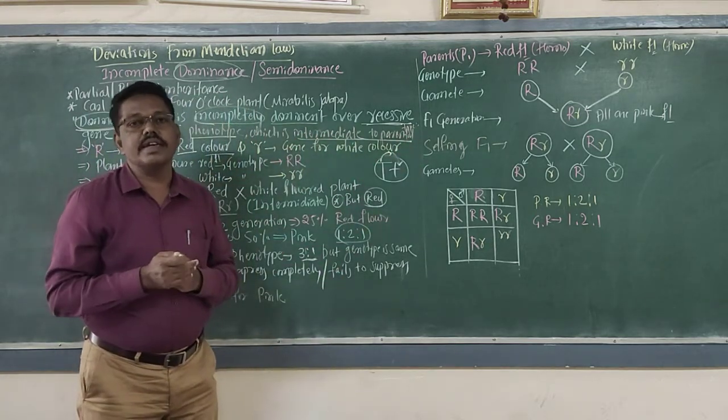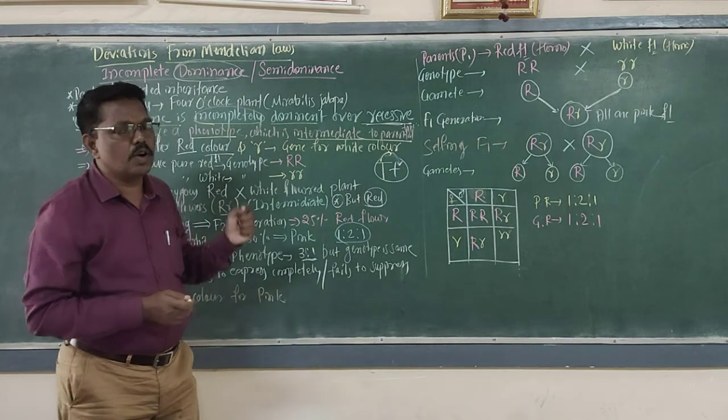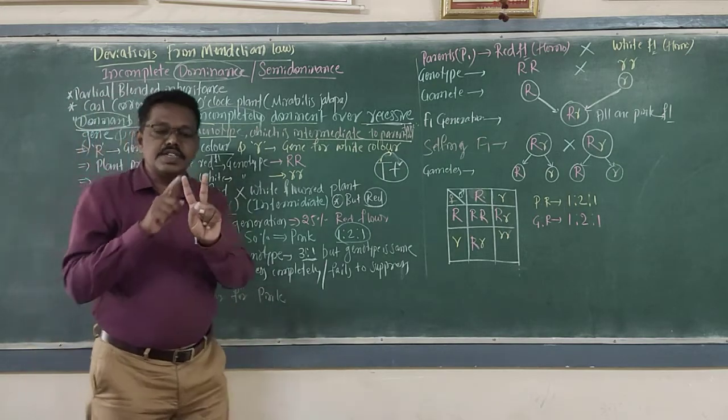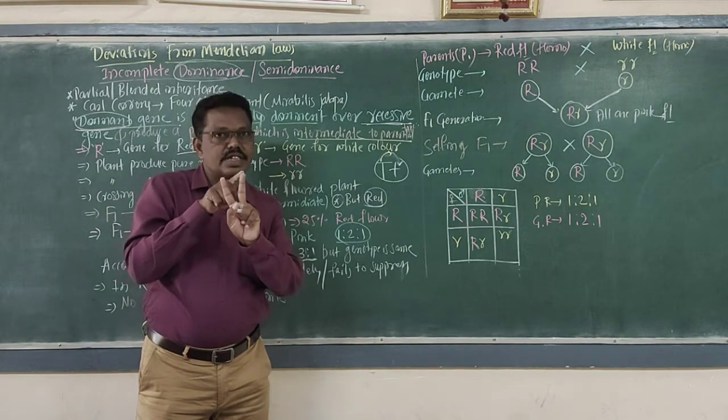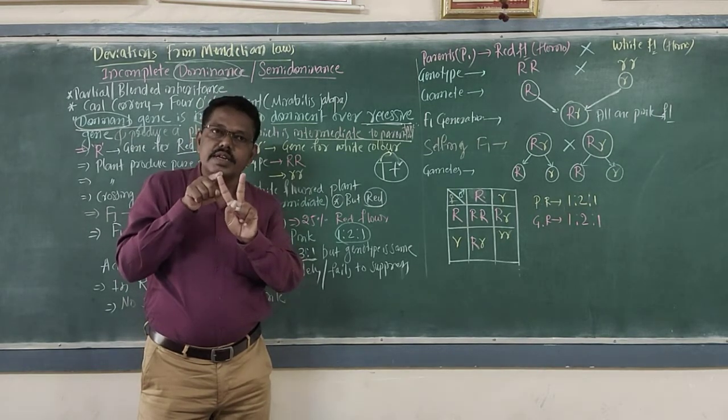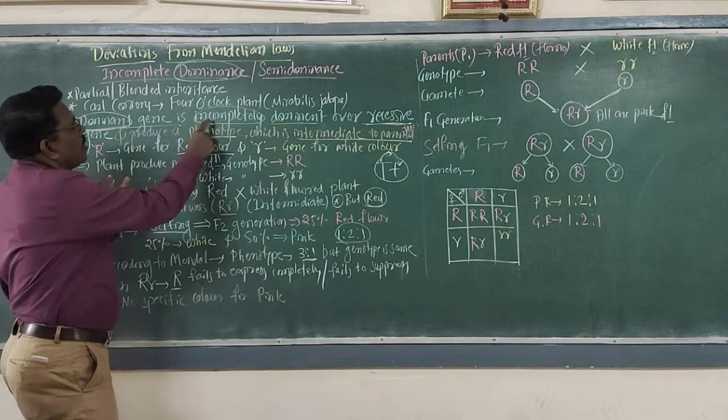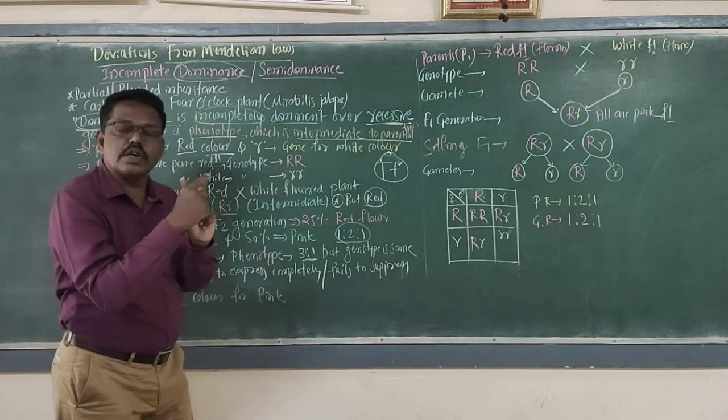That is called incomplete dominance. What do you mean by incomplete dominance? A pair of genes are there, one dominant gene and the other recessive gene. The dominant gene is incompletely dominant over its recessive gene.